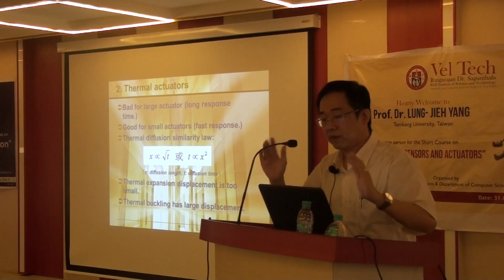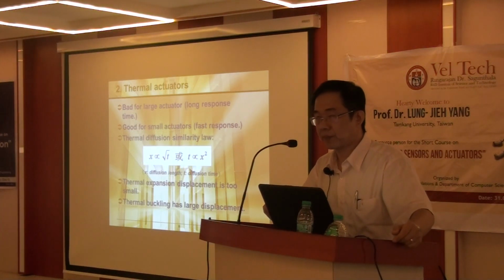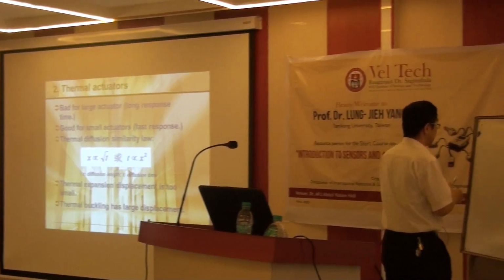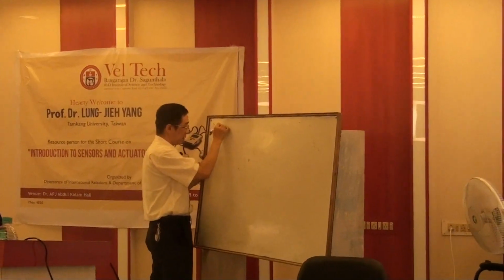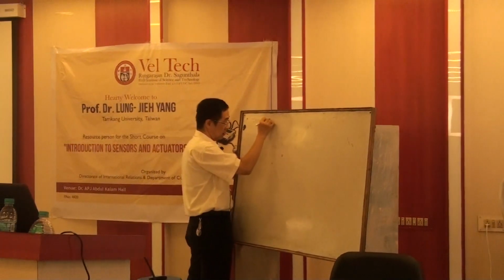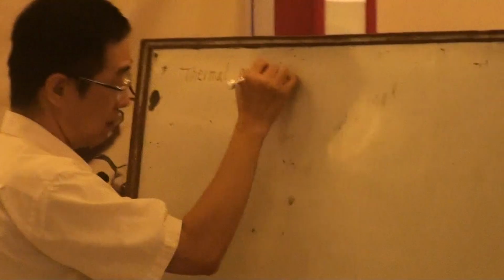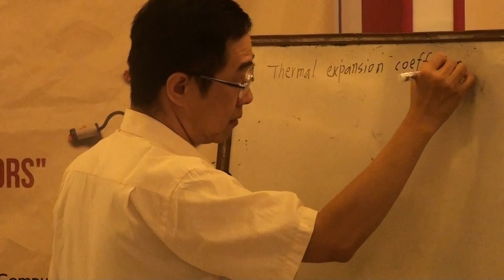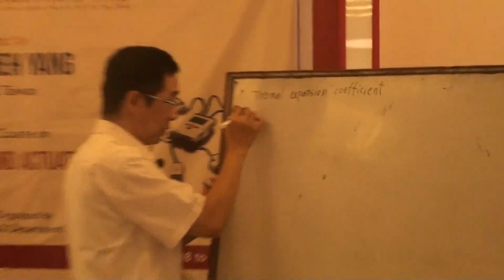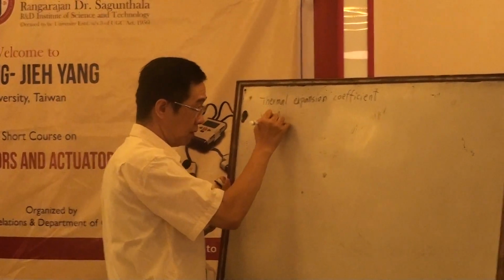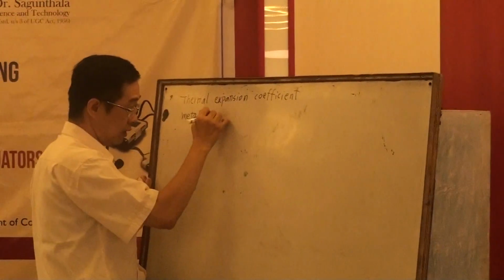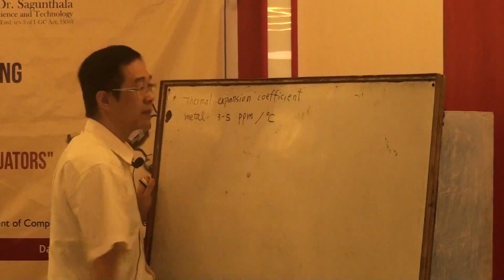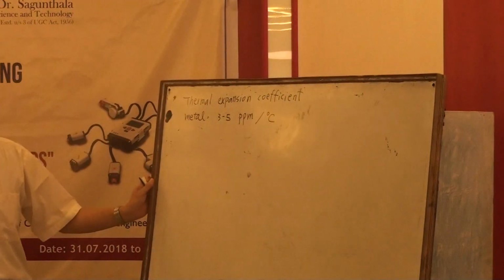If you look at the thermal expansion coefficient, if you Google the thermal expansion coefficient of the material, for metal it is only 3 to 5 ppm per degree C. What is ppm?